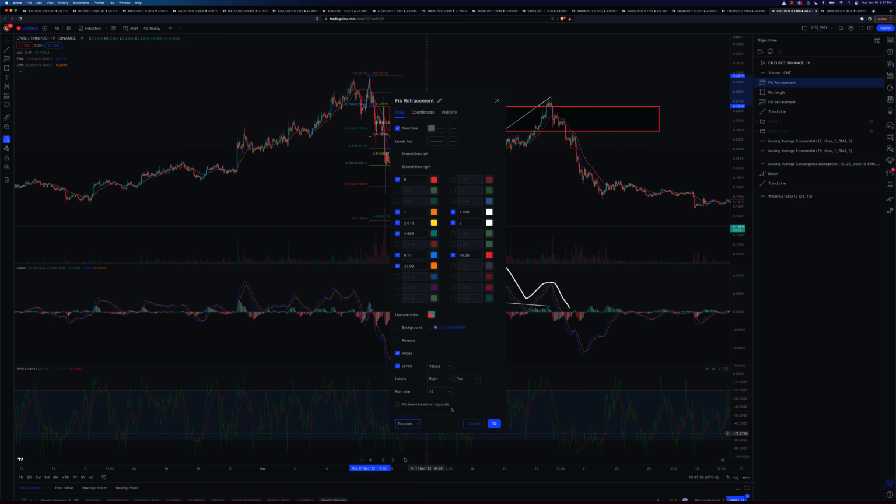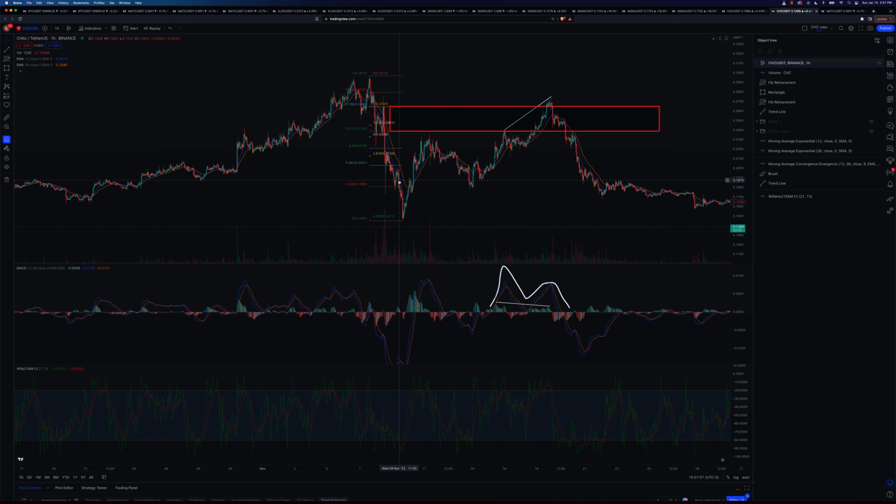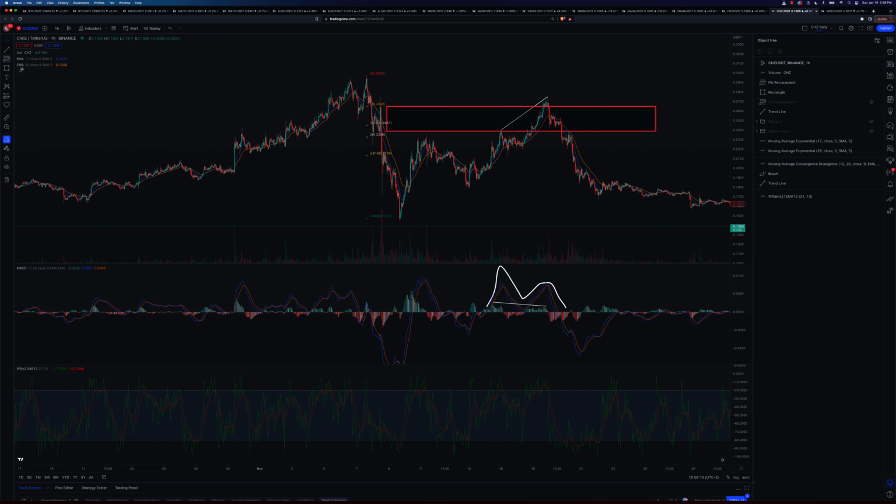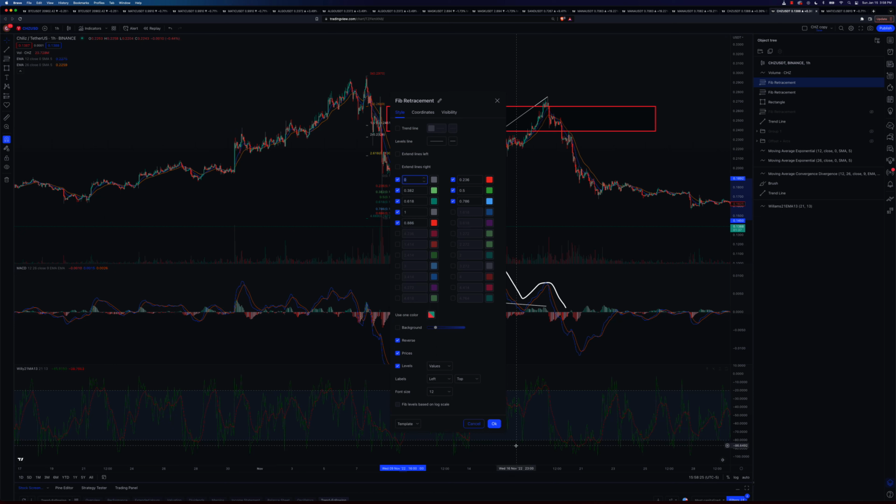Chaos 3.0. Actually, let me go ahead and take this fib retracement off so we see exactly what we're looking at. All right, so we threw them on here, and you can see that it reversed actually on the 4.669 right here to start going to this uptrend. And I just do it in reverse from here down to there. Go ahead and hit our preset.